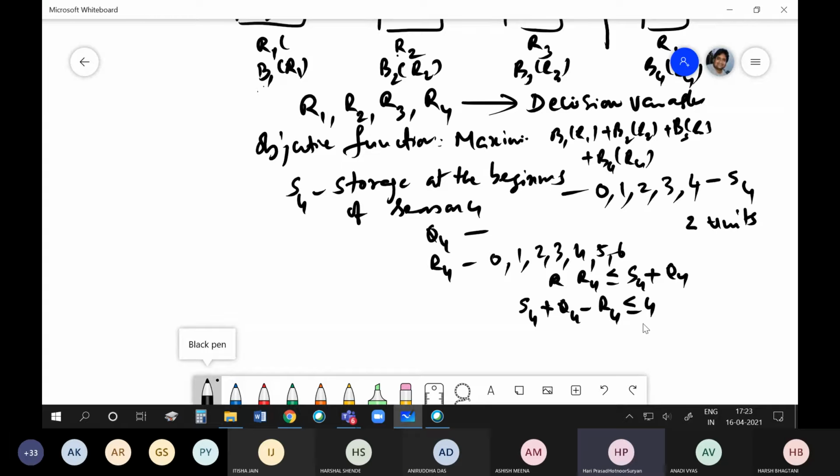If it is more than 4, what will happen? It will overflow. You have no other way but to release it from the spillway. It cannot be used for the crops, but it has to be taken away downstream, isn't it? So these two are the constraints for the fourth season.